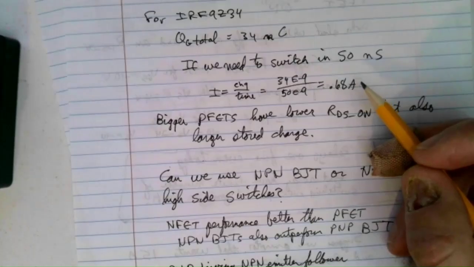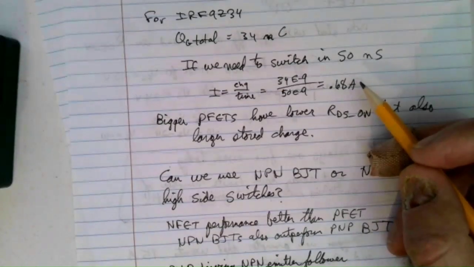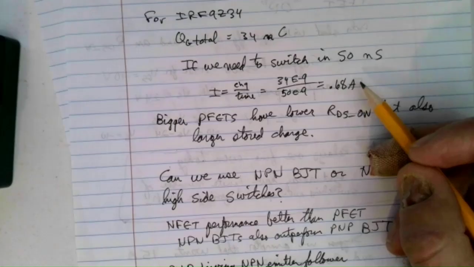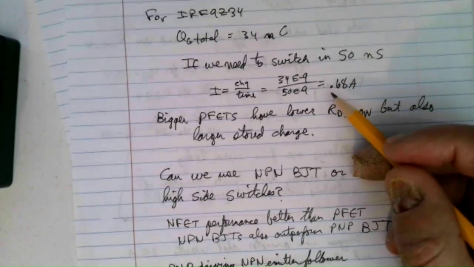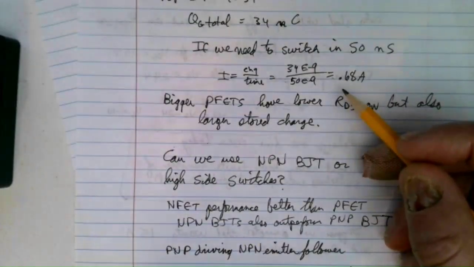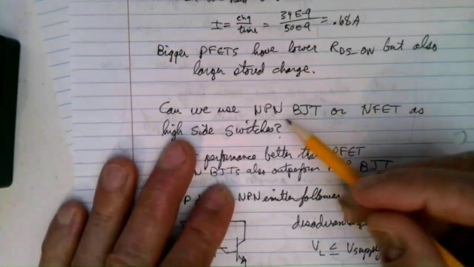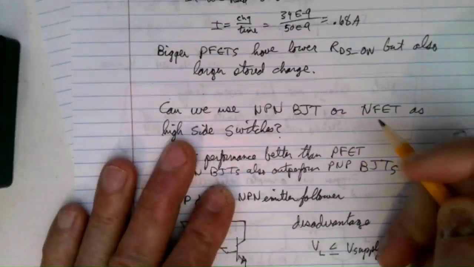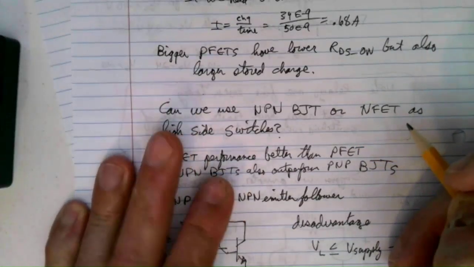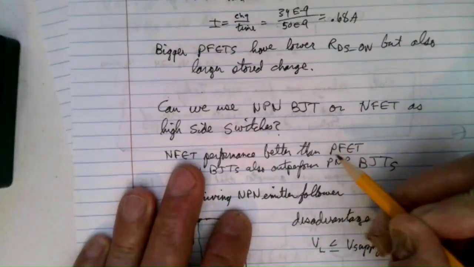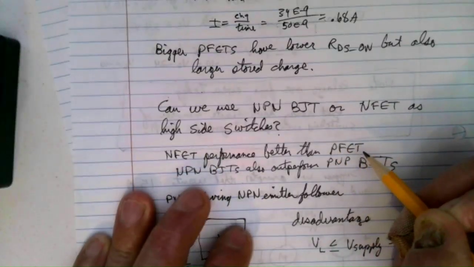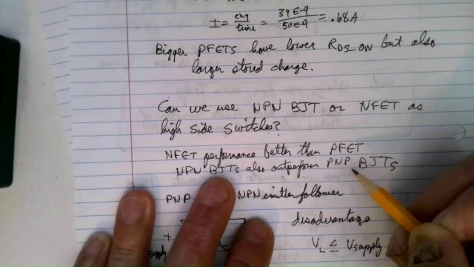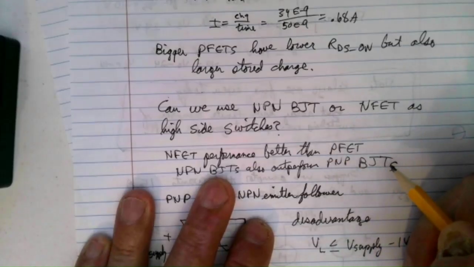Now, other folks don't like PFETs because they are lower performance than NFETs. They'll have higher RDS on, and then if you go with a bigger part to try to get the RDS on back down, then you end up with more stored charge, and they're harder to get to switch. So can we use an NPN BJT or an N-channel FET as a high side switch? And again, because the NFET performs better than the PFET, and NPN BJTs also outperform PNP BJTs.